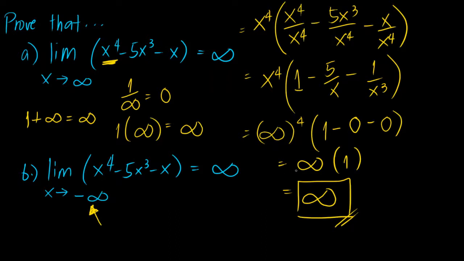So, positive infinity times 1 is still infinity. The effect is the same. Earlier, it was cubed, so the negative still exists. This time, it's to the fourth, so it's positive. If this were x squared, it would also be positive infinity. So, just remember that.